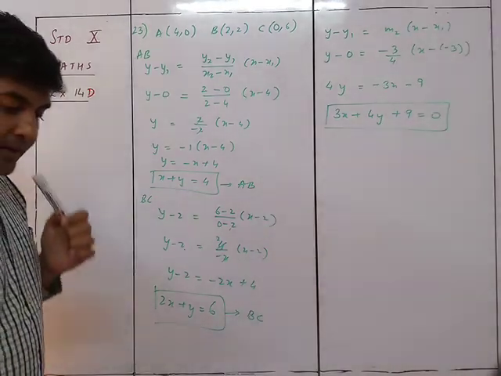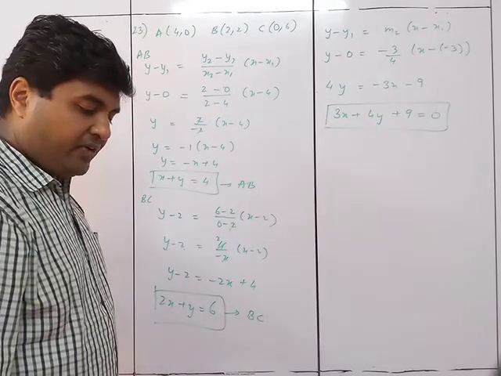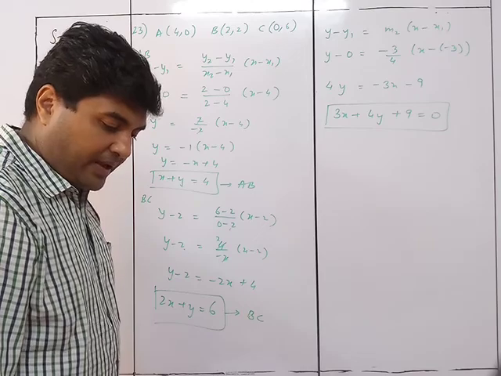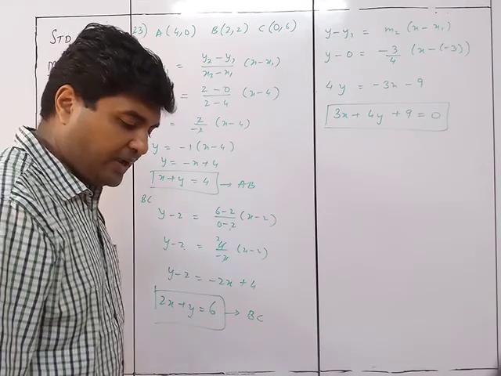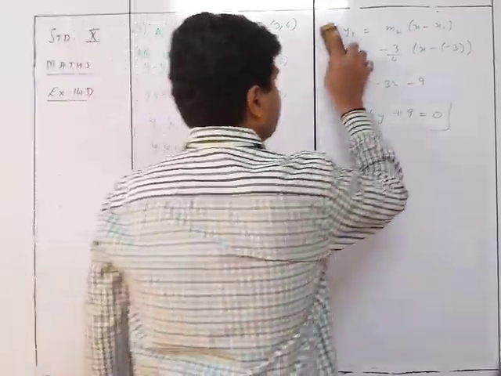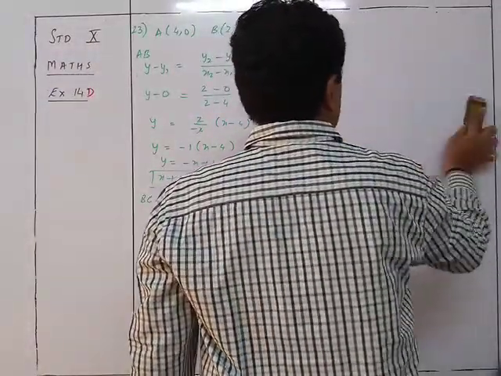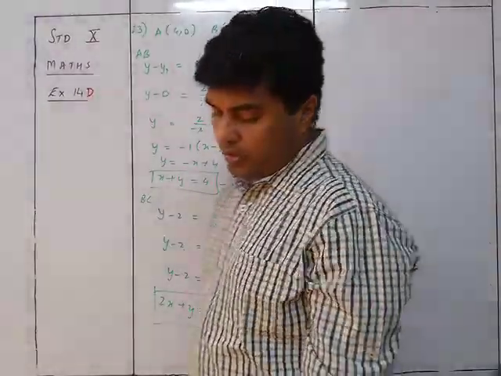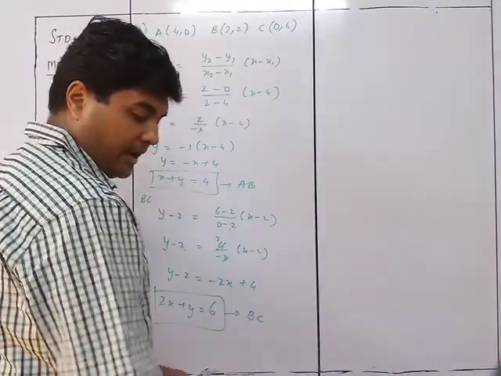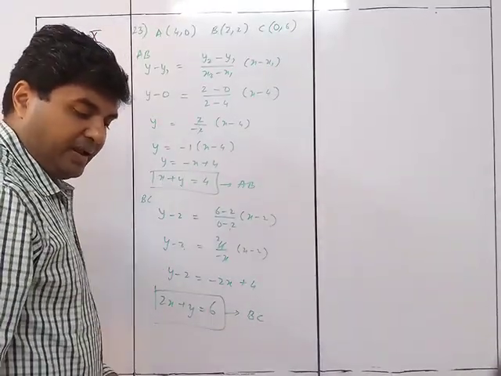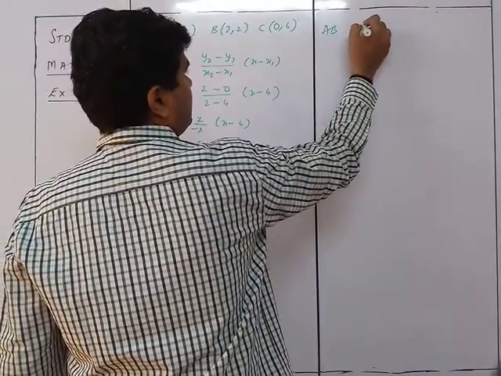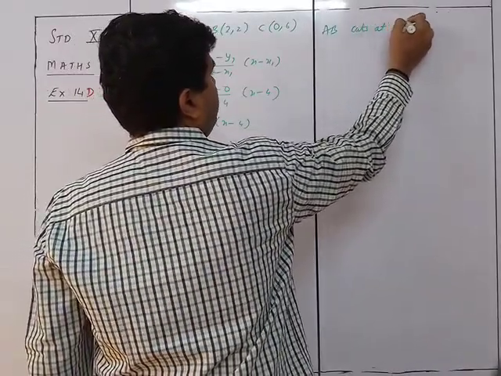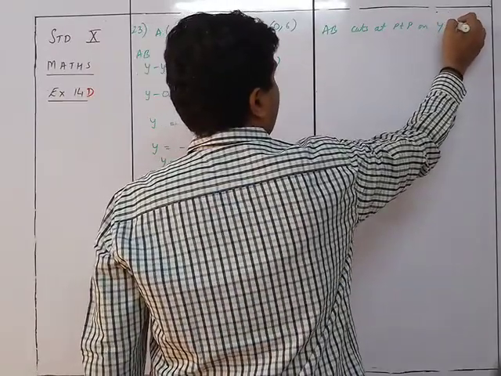Okay. Now further, if AB cuts the y-axis at P and BC cuts the x-axis at Q, find the coordinates of P and Q. So now it's a simple thing. AB cuts at point P on the y-axis.